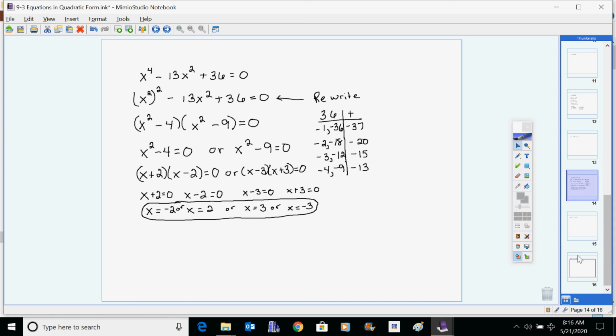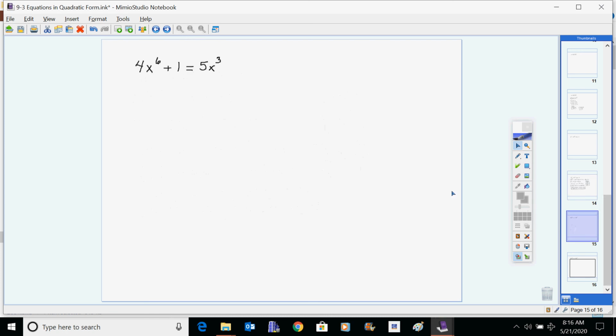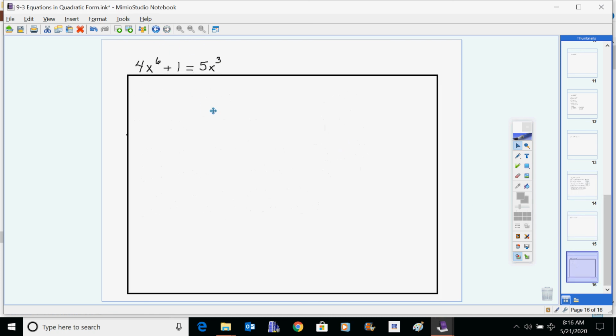And that goes for others as well. So for example, this one ultimately will have 6 answers. We may not find 6 answers because sometimes they can be duplicated, but there's a potential for 6 different unique answers here.